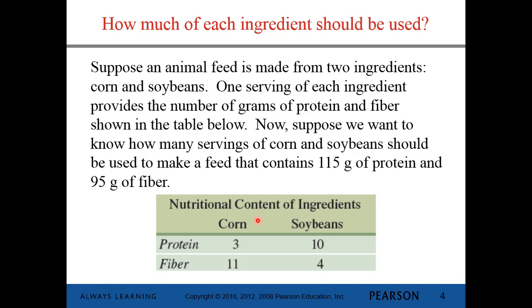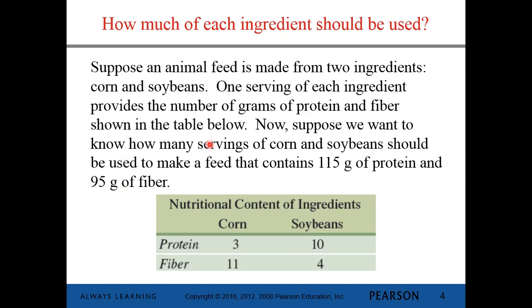Given this is the table we're using, here's the amount of grams of protein found in one serving of corn and the amount of protein in one serving of soybeans. Respectively for fiber, we've got 11 and 4. But we also want a feed that has 115 grams of protein and 95 grams of fiber.